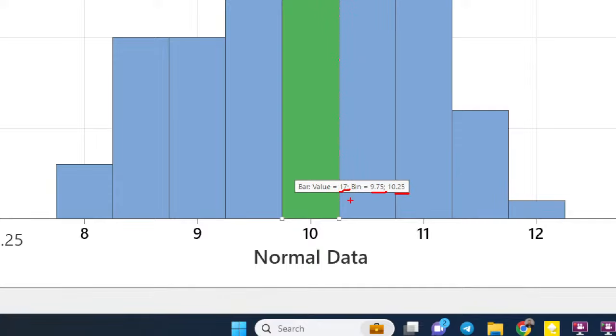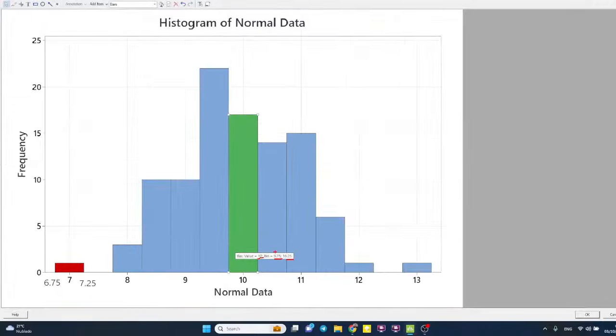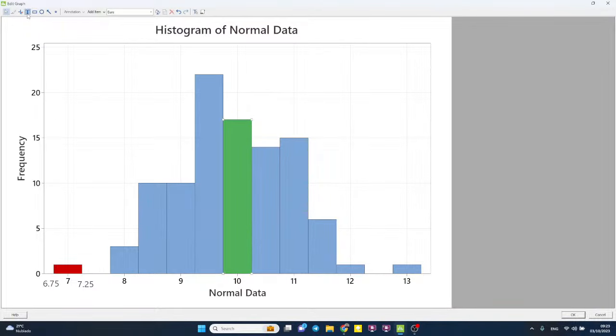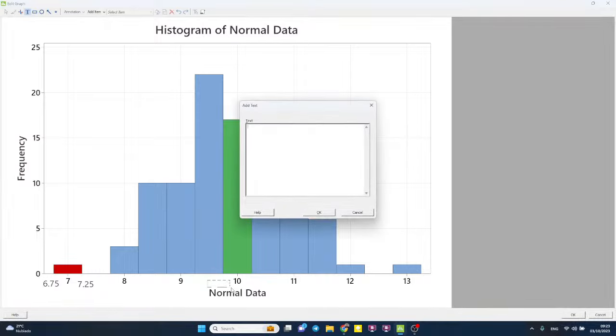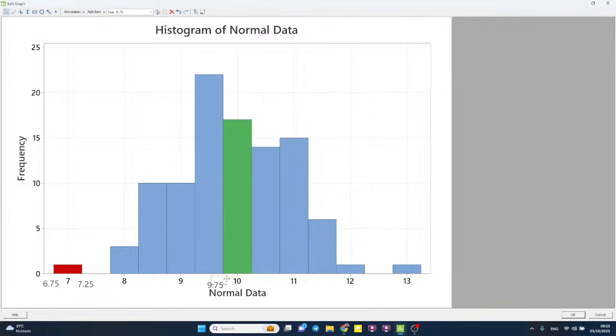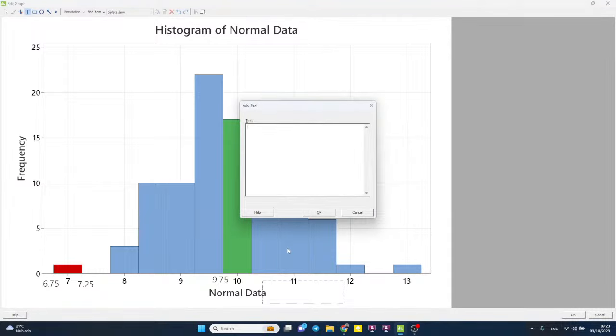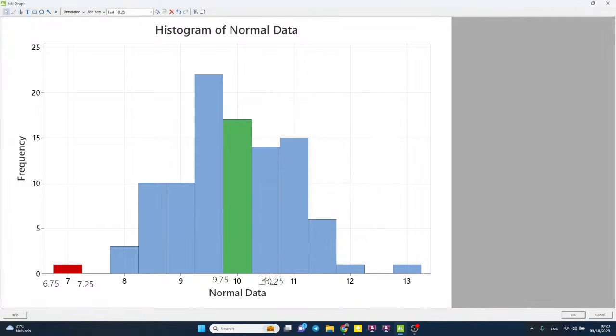I have 17 values from 9.75 to 10.25. So in this bar, I will find numbers from 9.75 to 10.25.